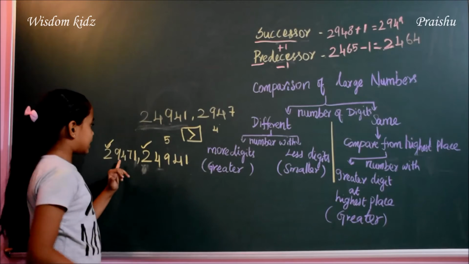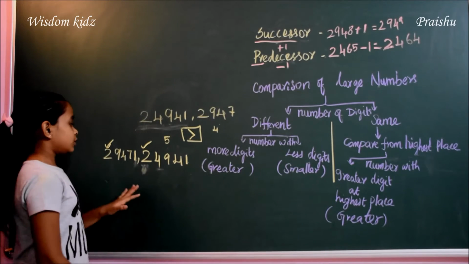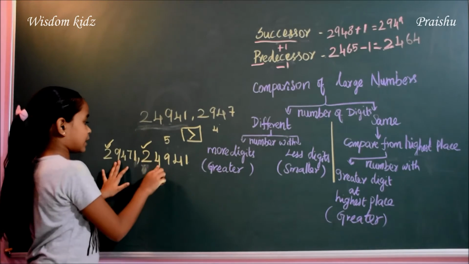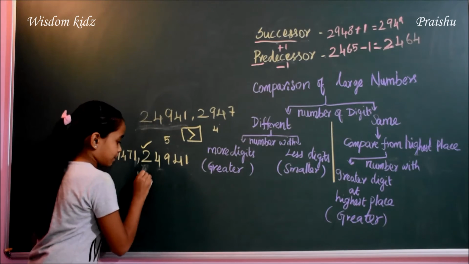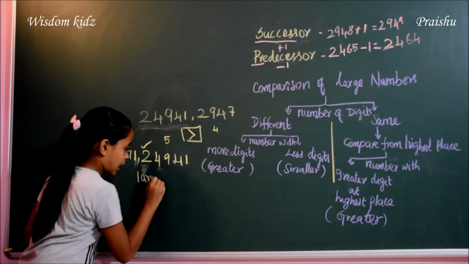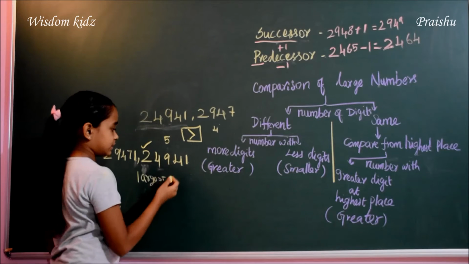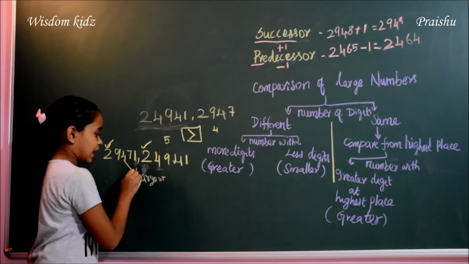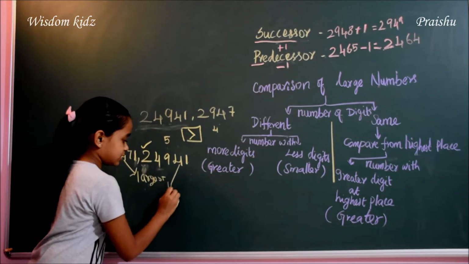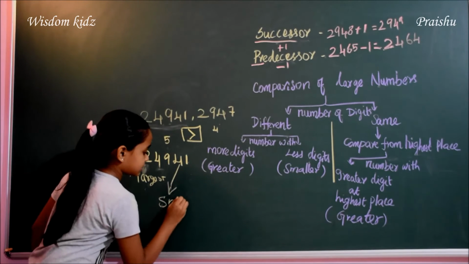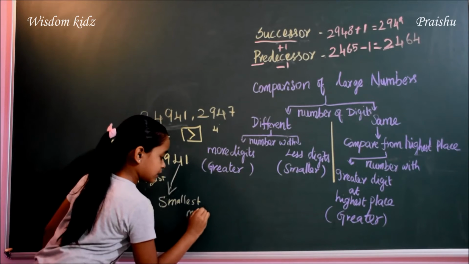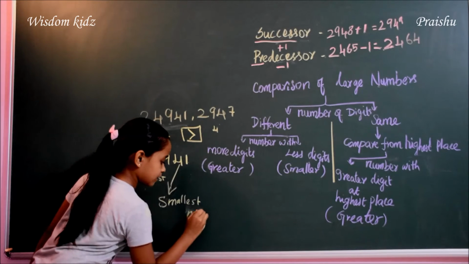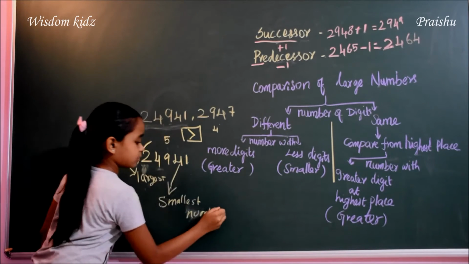This is 4 and 9. 9 is bigger than 4. So when 9 is bigger than 4, you have already decided this one is the largest number. So this is the largest number and this is the smallest number.